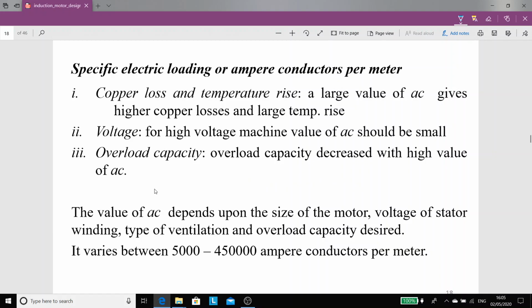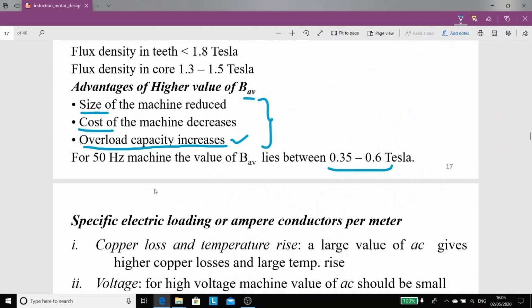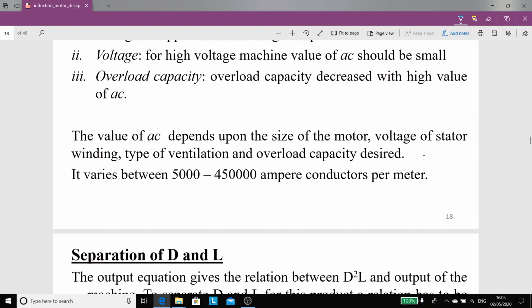So these factors have to be considered, and accordingly we have to select proper values of specific electric loading as well as specific magnetic loading. The range for specific magnetic loading is around 0.35 to 0.6 Tesla. Similarly, for electric loading, it is from 5,000 to 45,000 ampere conductors per meter.